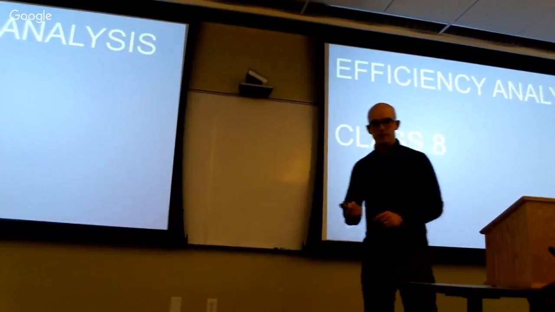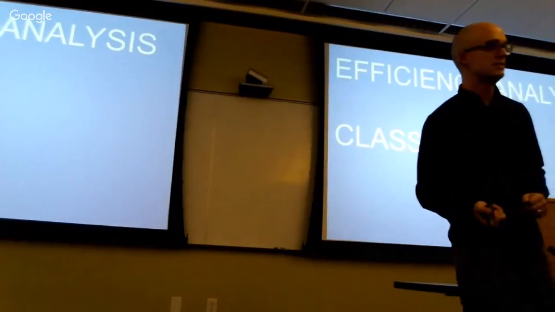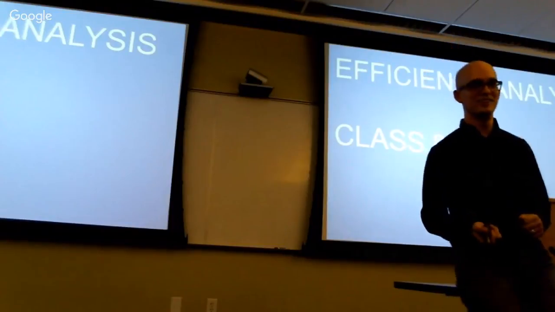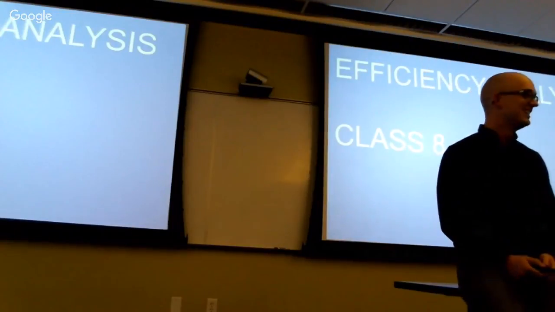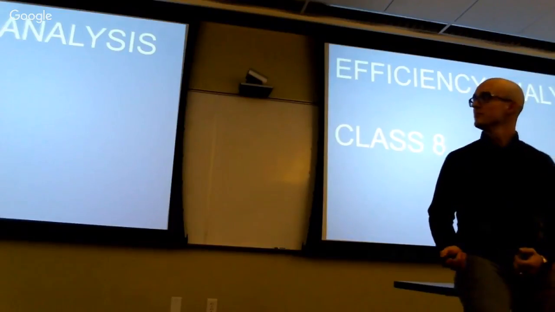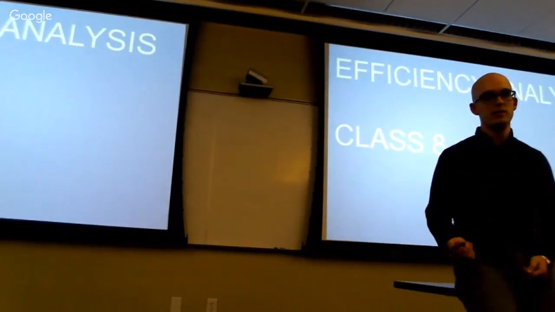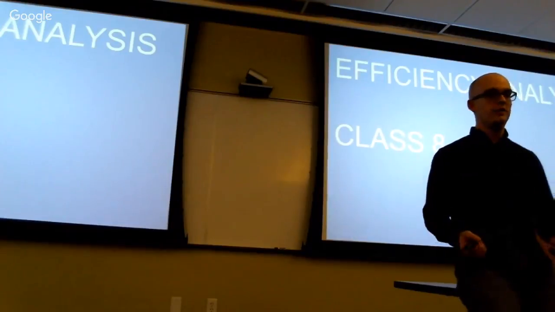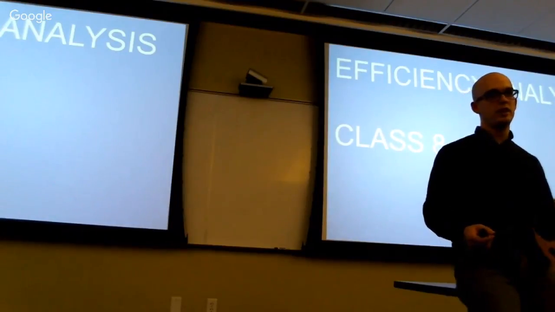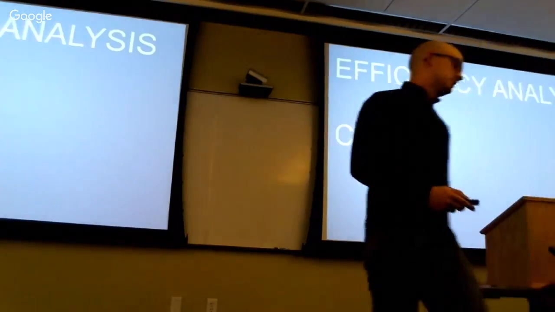So, efficiency analysis. I'm going to be honest with you: this is my least favorite thing, and this is what I do most of the day. A cost benefit analysis is looking at basically the net value of something. You consider all of the costs, then subtract those from the benefits, and that's your net value.